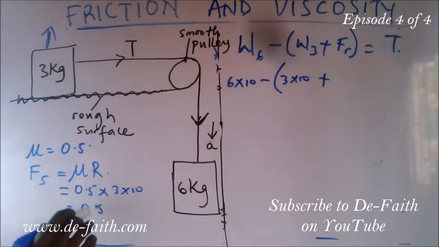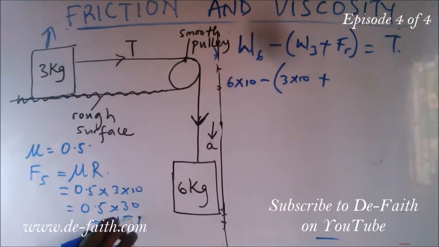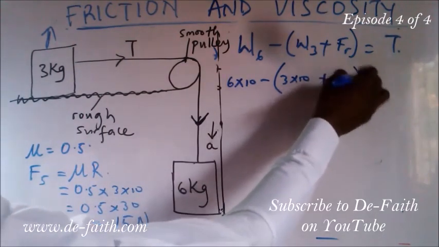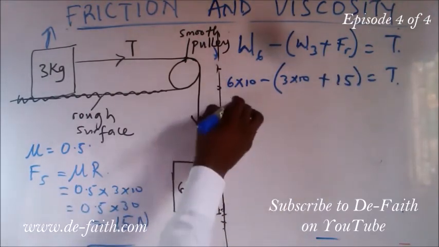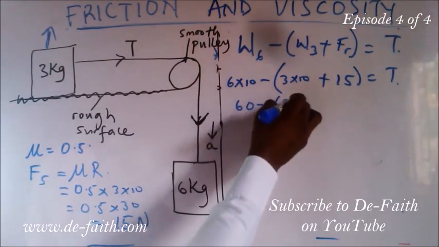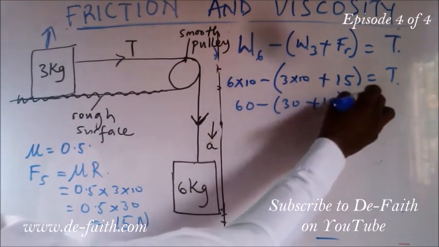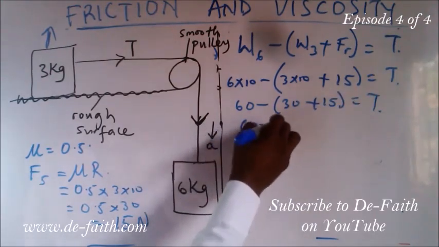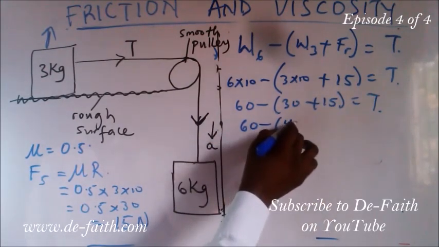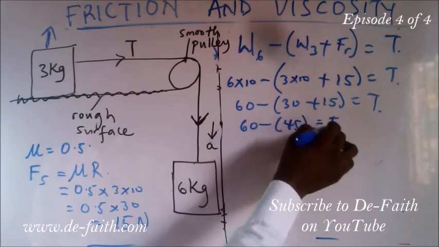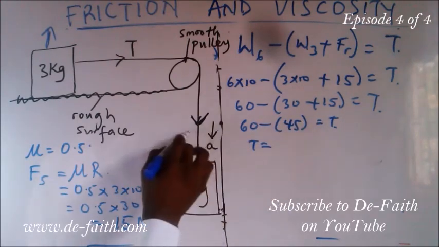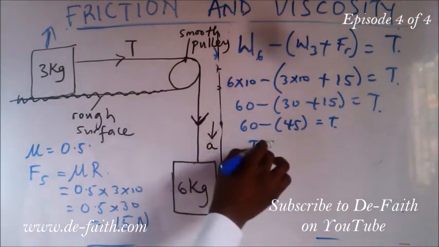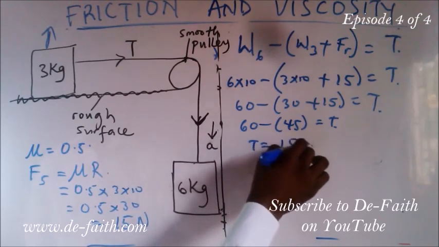So that's 0.5 multiplied by 30. We are left with what? 15 Newton. So 15 Newton is our Fs. So 60 minus 30 plus 15, that's 45, equals T. So T, the tension in this wire, is 45 Newton.